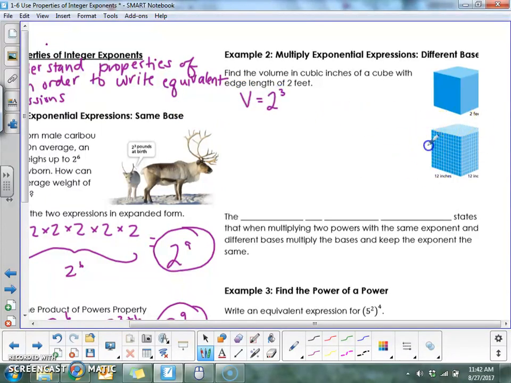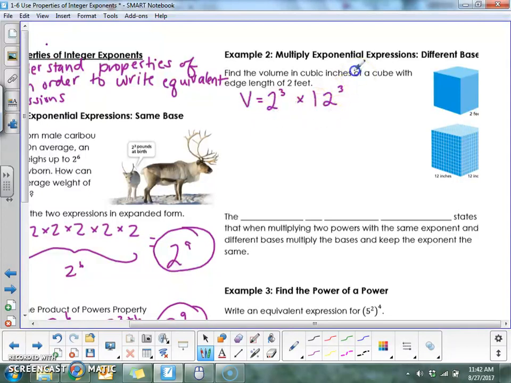I want to figure out what that is in inches, and to figure out how much this is in inches, I'm going to multiply it by 12 cubed, because that's how many inches are in 1 cubic foot. Okay, so I have 2 cubed times 12 cubed.